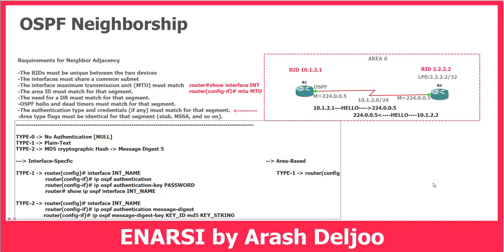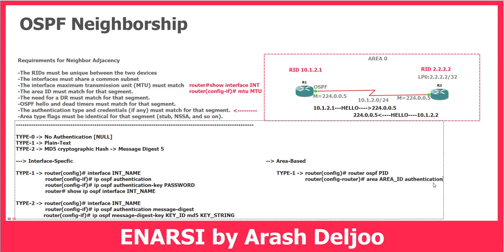You can use router config and then router ospf, for example the PID or process ID. Then here in router config router, we should configure the area ID.